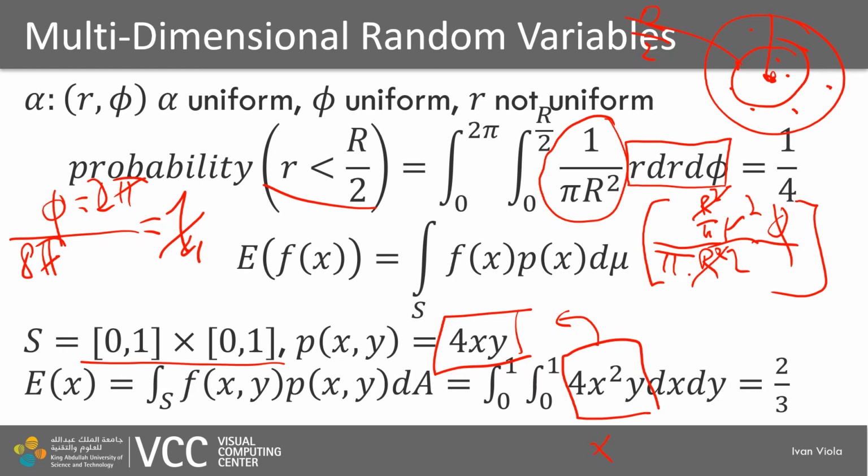And if we calculate our double integrals here from 0 to 1 for x and y, we will come up with the value 2/3. So we can see that with an expected value, we can find out what the random variable picks on average given a certain probability distribution.